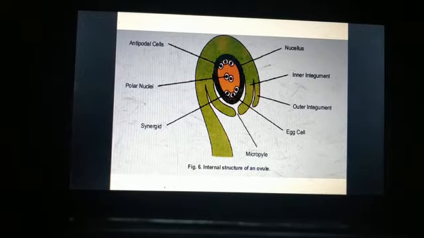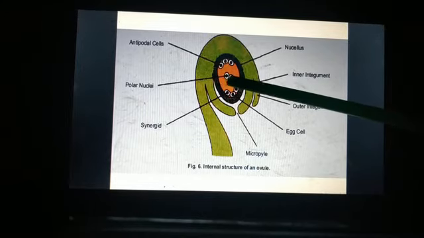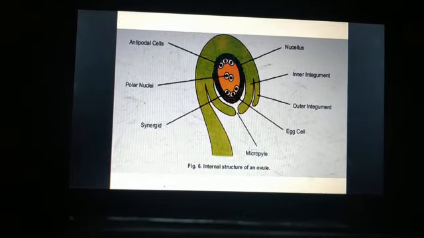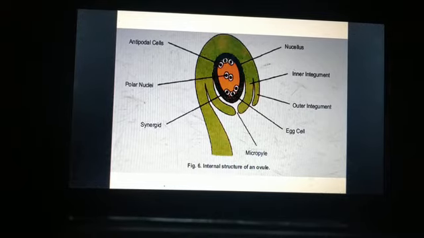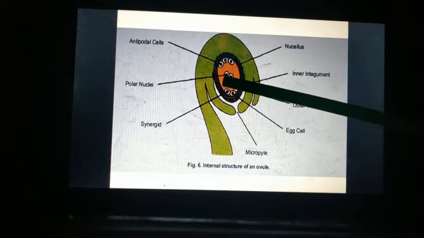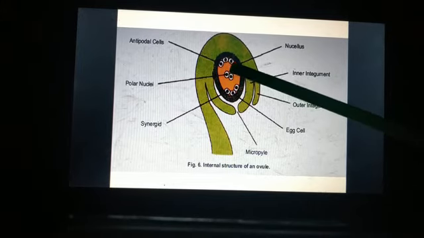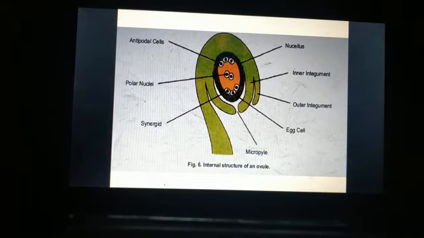The other sperm cell fuses with the central cell, here with the polar nuclei, and it will give rise to the primary endosperm nucleus, PEN, primary endosperm nucleus.